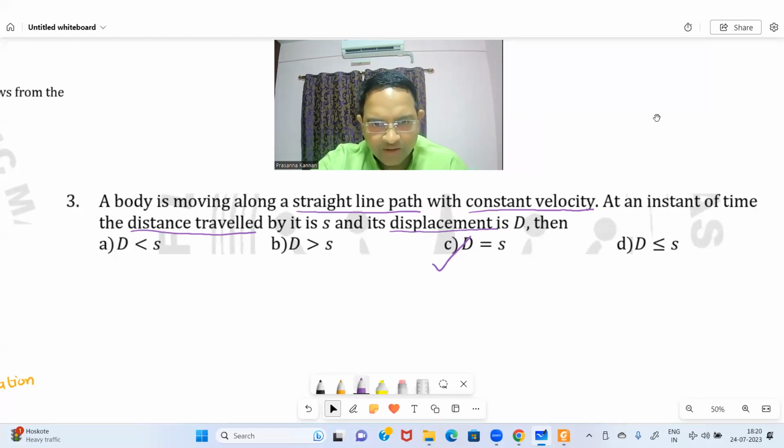If the body is moving with the same magnitude of velocity, but the direction is changing, that means it is turning back. Then how are distance and displacement related? Which is greater? Are they going to be equal? No, sir. Distance will be greater than displacement.